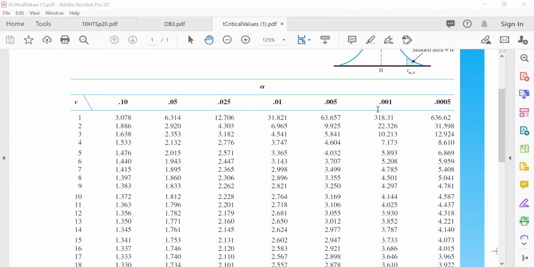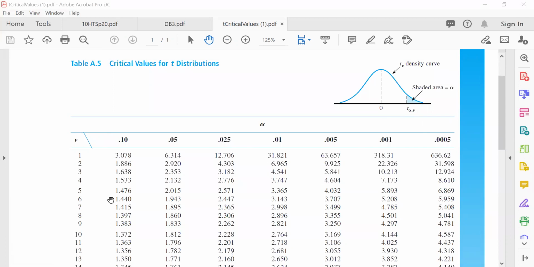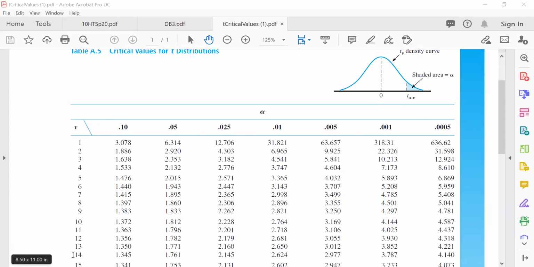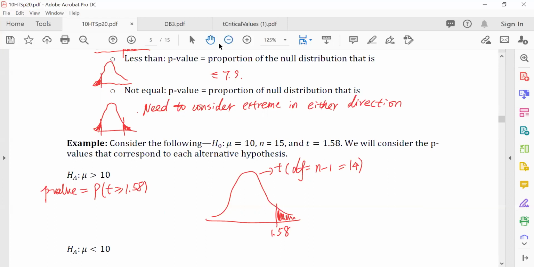So this t-table, the first column is the degrees of freedom. The first line is the shaded area here to the right of your t-value. Now, you guys still remember what is our degrees of freedom? 14, right? And our value is 1.58.